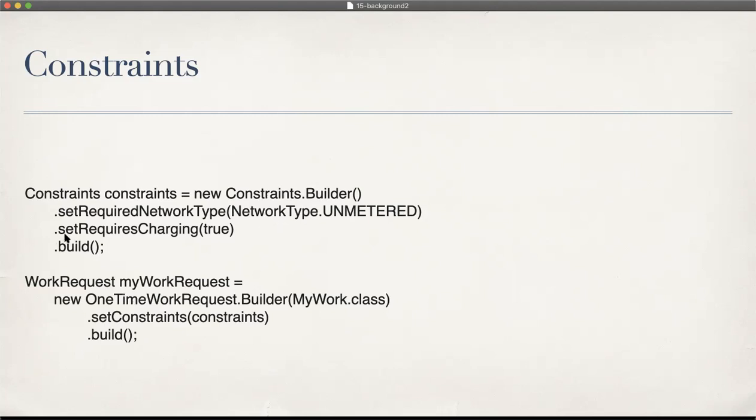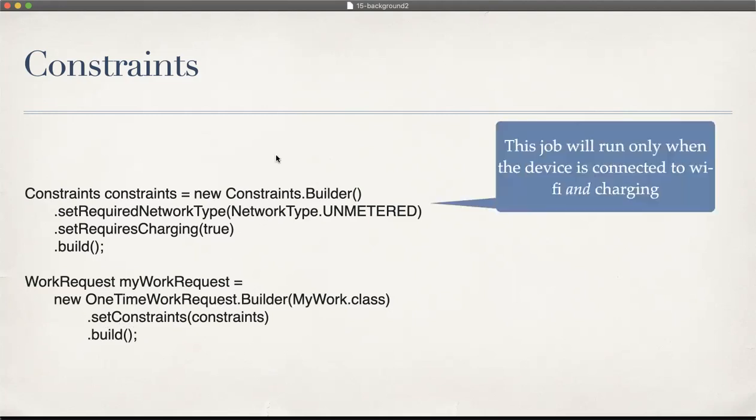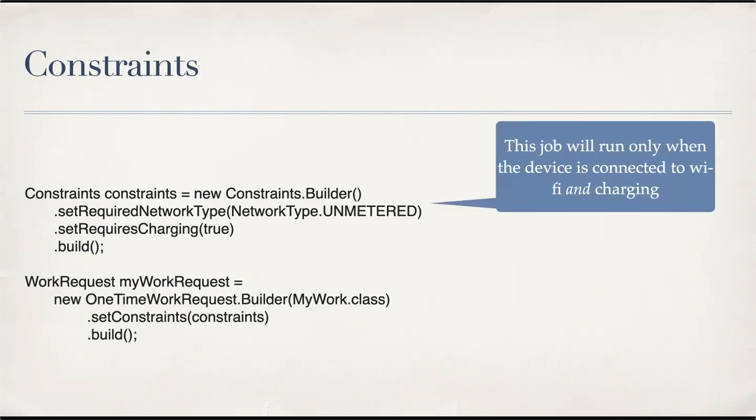And set requires charging, and then after you add all these setters, you can call build, and then you pass these constraints as a parameter to set constraints on the request builder. So what we see here is a constraint that this job will be run only when the device is connected to Wi-Fi and it is charging.